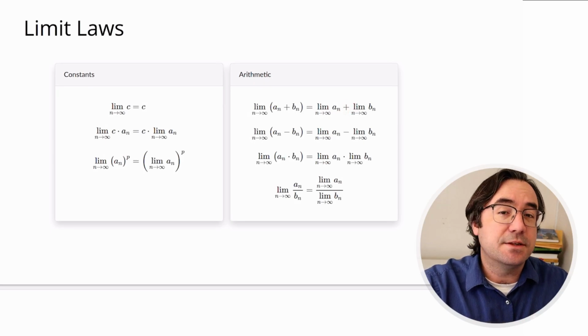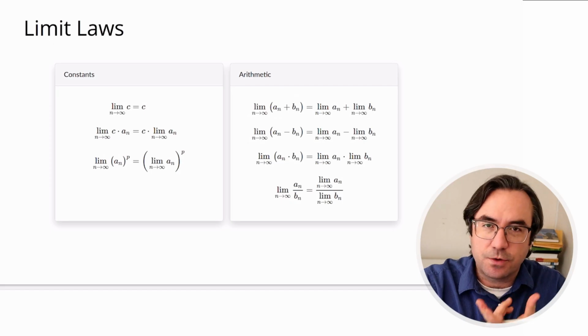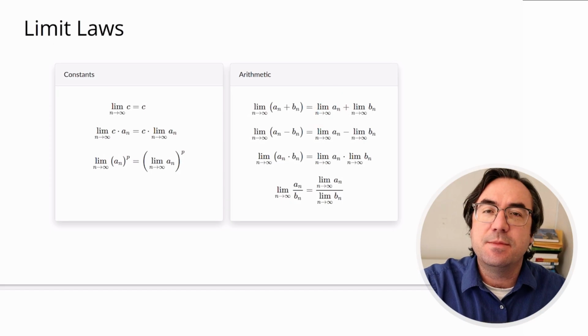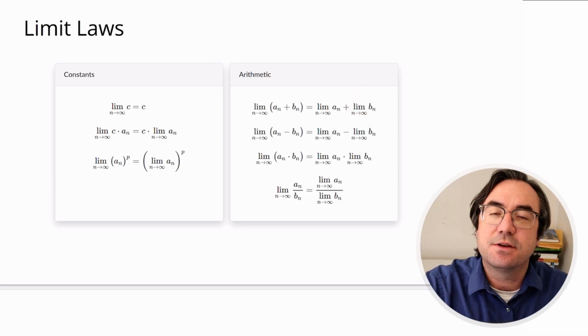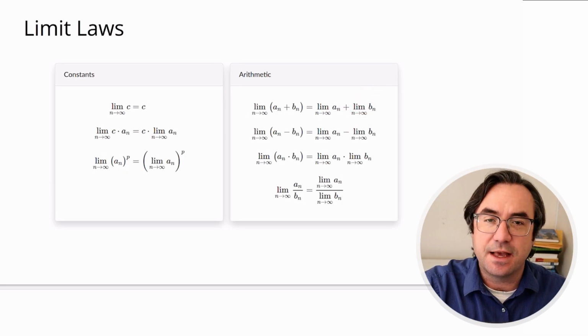The same idea is going to apply to sequences. If we have two sequences a_n and b_n and we add them together, we can first calculate the limit of the terms in our first sequence, then the limit of the terms in our second sequence, and then add the results together.